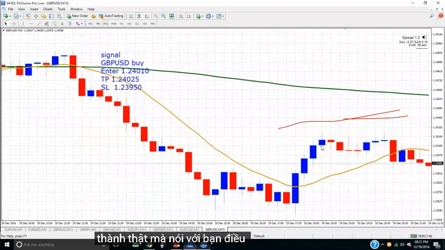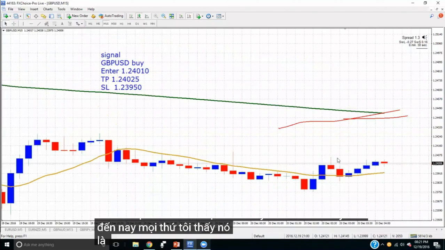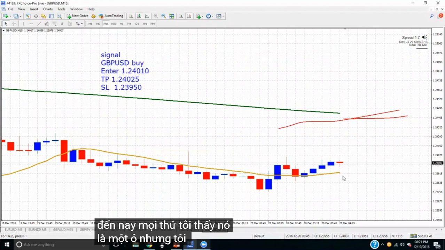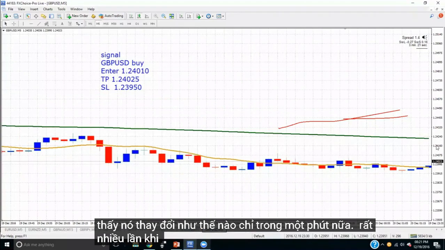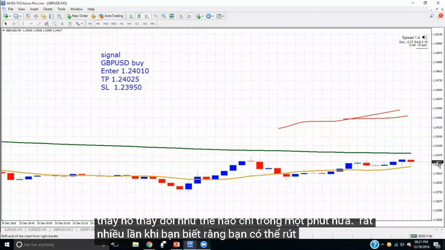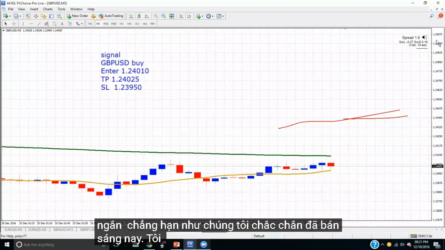So to be honest with you, this says a buy. So far, everything I'm seeing, it's been a sell. But I'm going to show you how it changes in just a minute. A lot of times you can get a short term move, like we definitely sold this morning, I remember now.